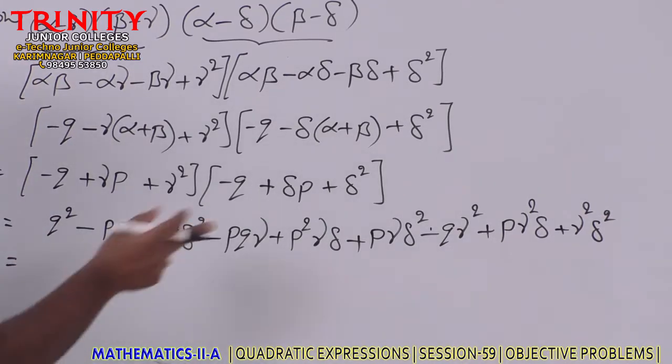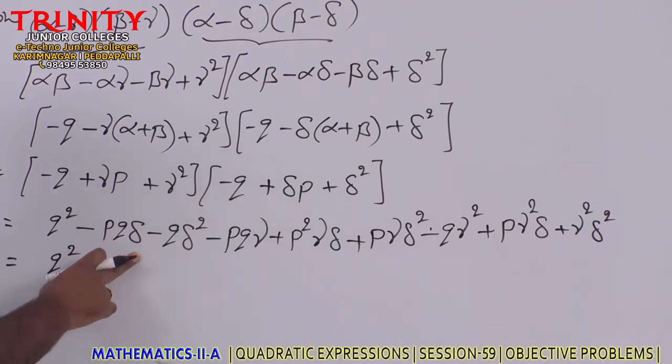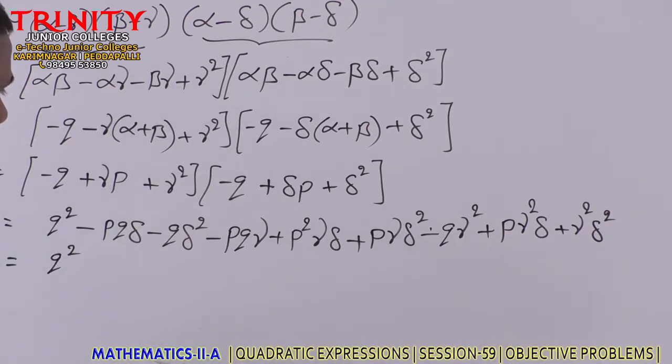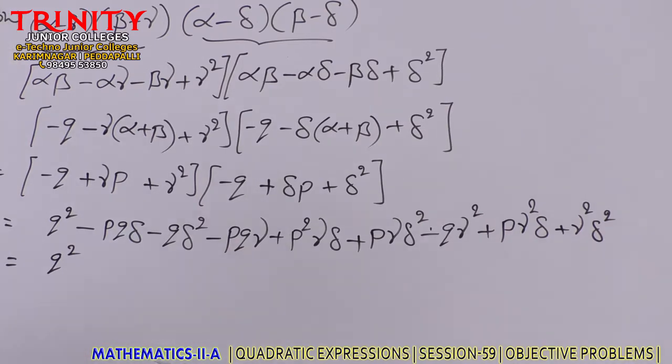Then now you replace the values. Q square as it is, minus pq delta, minus pq gamma.